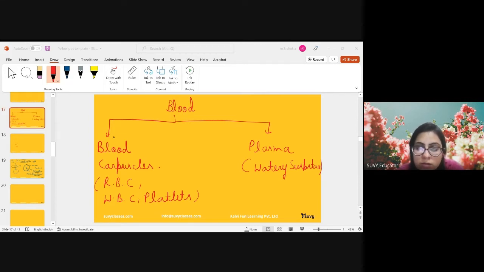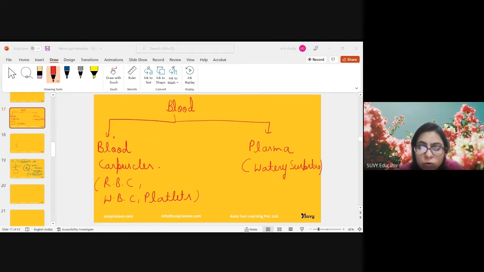Now blood vessels. We have talked about how blood will flow from one area to another area, and it will take with itself many things like waste material, oxygen, and everything. So how does blood flow from one area to another? With the help of blood vessels. It's just like a pipe.